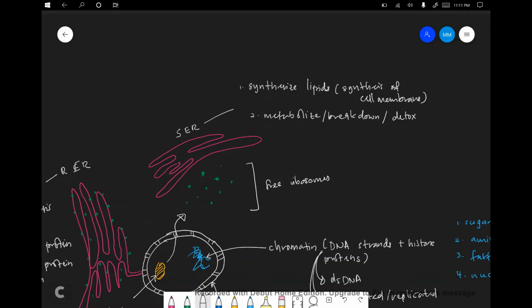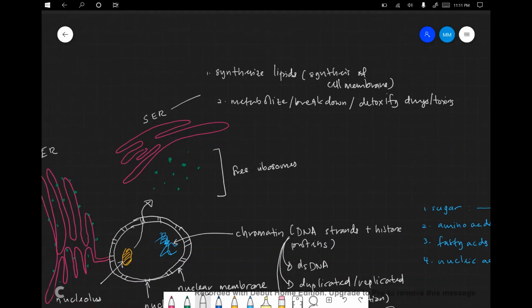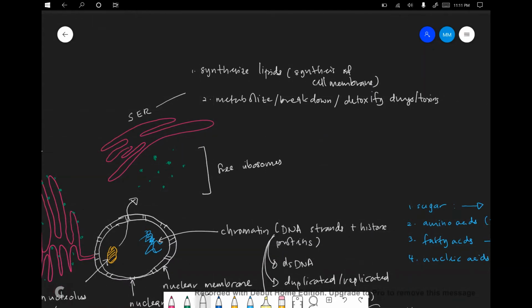Detoxify drugs or toxins. And in our body, there is one particular organ that plays this important role. What is the organ class? It should be our liver.